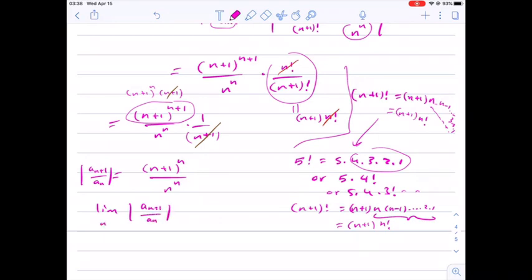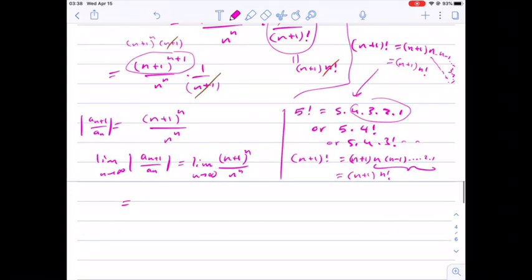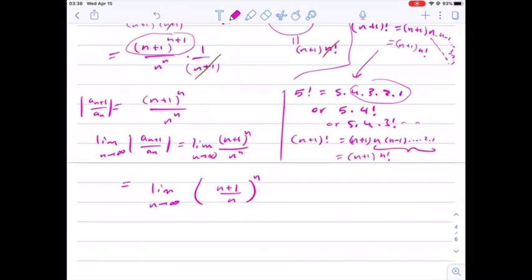Now we take the limit of this. The limit of a sub n plus 1 over a sub n as n goes to infinity is the limit of n plus 1 to the power n over n to the power n as n goes to infinity. We can rewrite it this way, n plus 1 over n, all raised to the power n.